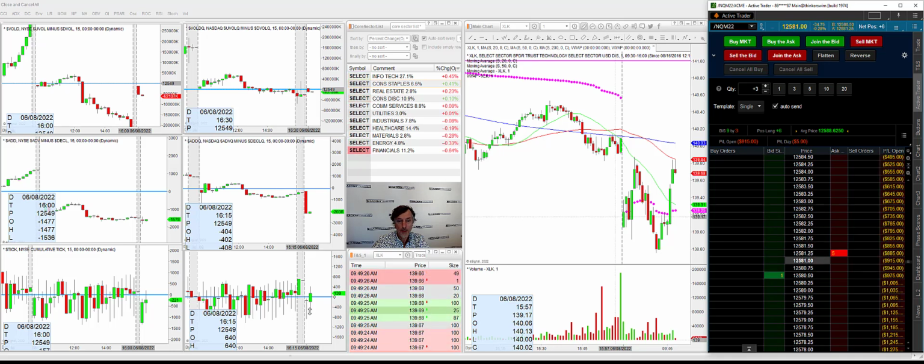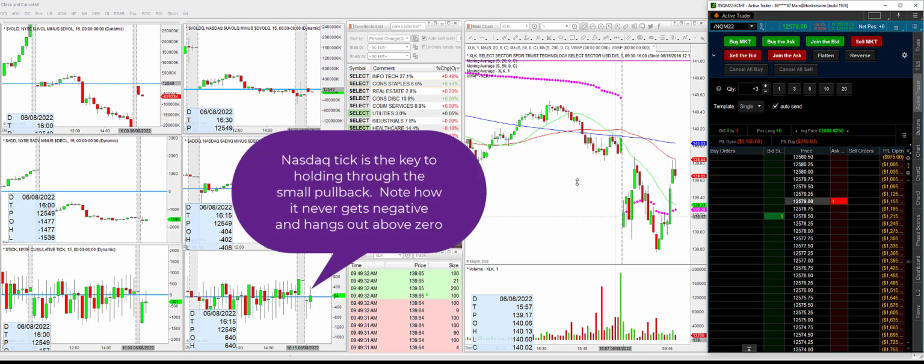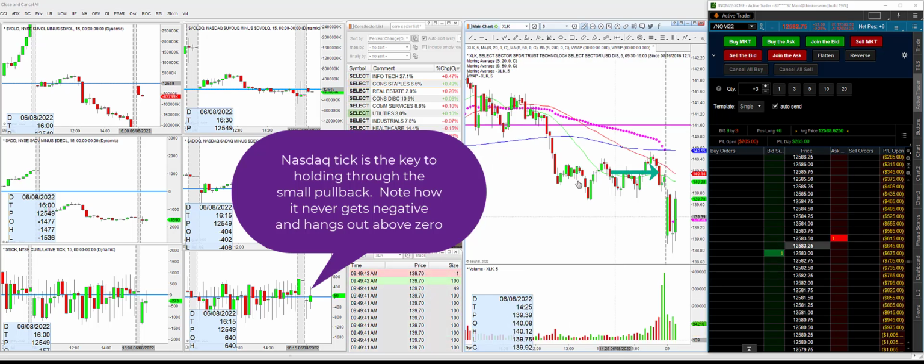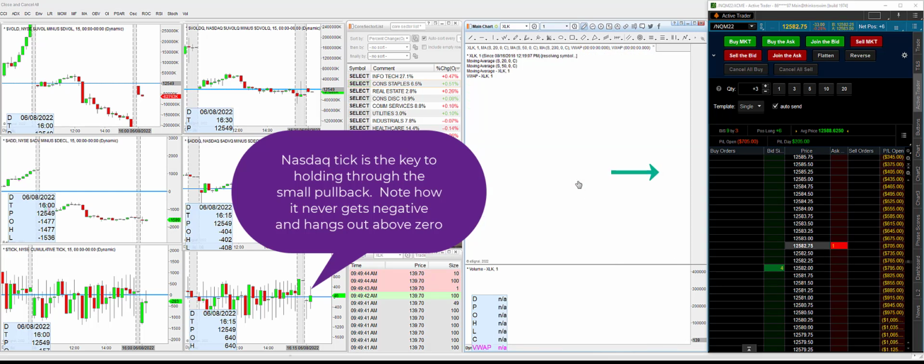Ticks are holding positive here on the NASDAQ, which is the right side. So holding positive. Now we're expecting XLK to make one more push up higher here.